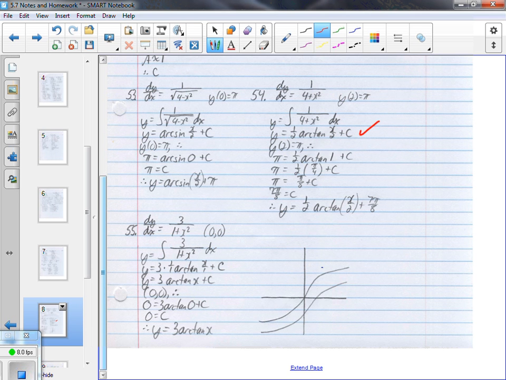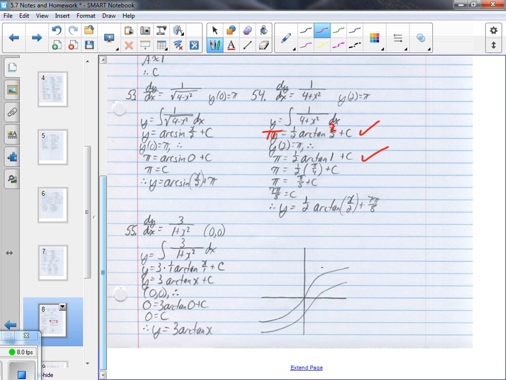Now, y of 2 equals pi means that when x equals 2, y equals pi. So when x equals 2, put in a 2 right there for x, y equals pi. So put a pi right there for y. That gives us that, which gives us a way to solve for c.